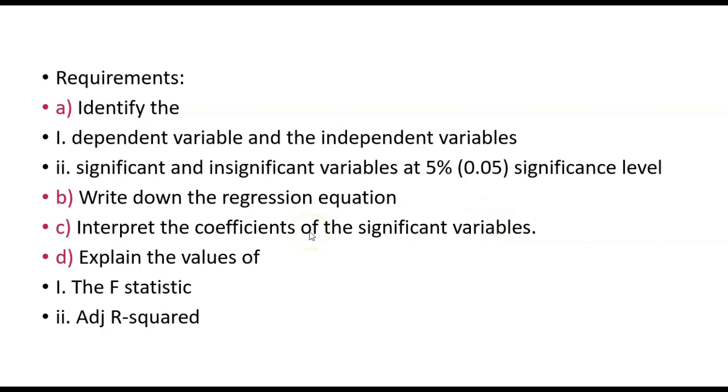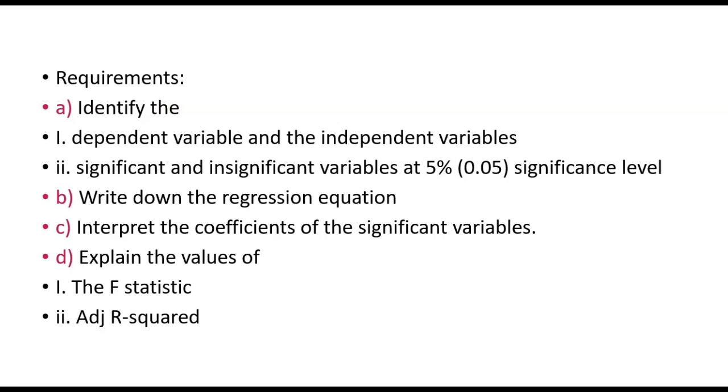So when you are given a 0.01 significance level, it means that for you to identify your significant variables, variables that have values that are less than 0.01 are significant, and any variable that has a value of more than 0.01 is insignificant. Okay, same for the 5% significance level.